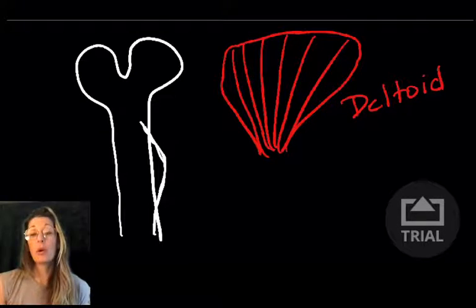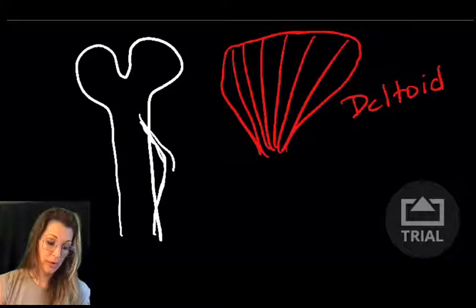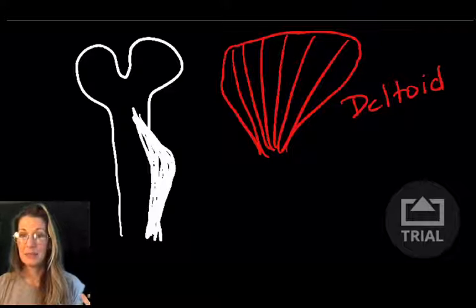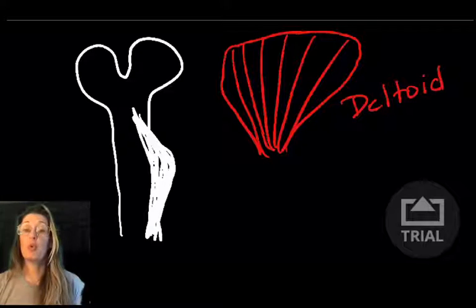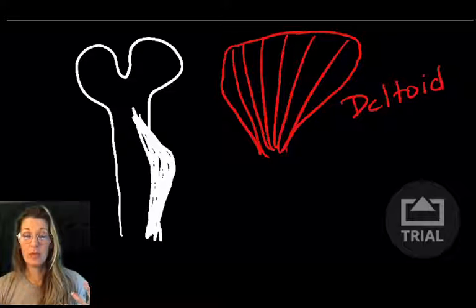And the more muscular the deltoid becomes, the more work the deltoid has to do, the more pronounced this ridge will become. Because the body is going through the process of remodeling that to produce a more pronounced ridge to support more musculature. So this remodeling process in the bone is still active in adulthood.